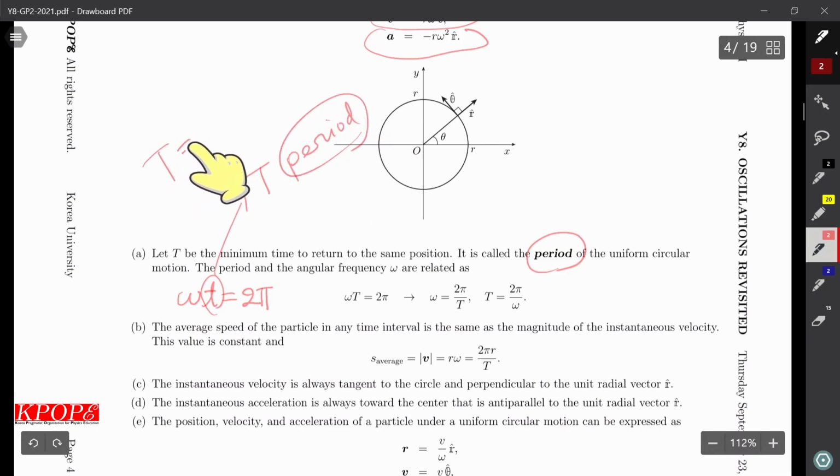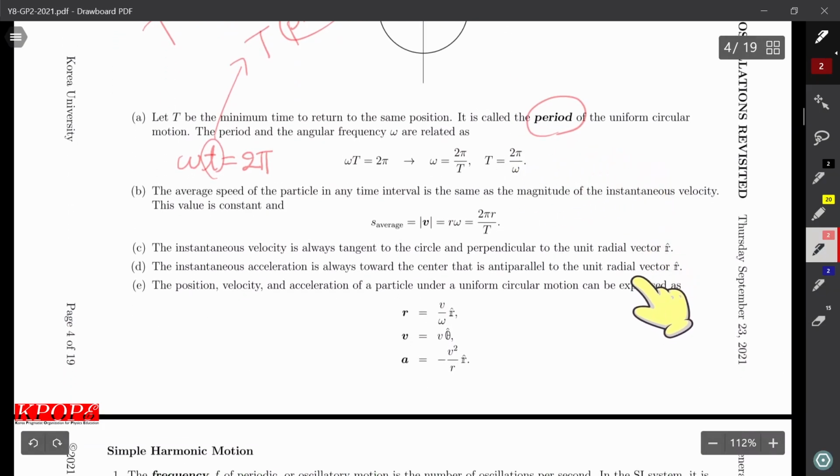So period T equals 2 pi over omega, or omega is like that. So average speed is our omega.